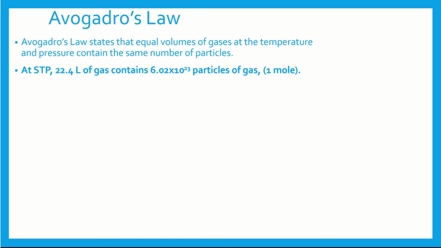So what Avogadro found is that at STP, so only when you are at 0 degrees Celsius and 1 atmosphere, when you have 22.4 liters of a gas, it has exactly 1 mole of gas particles, 6.02 times 10 to the 23rd particles of gas. It doesn't matter what gas it is.